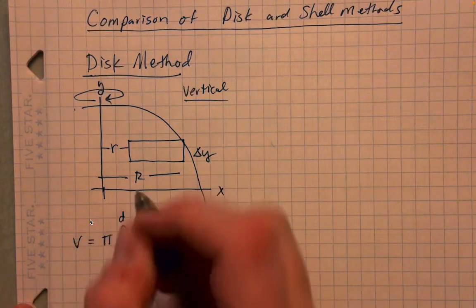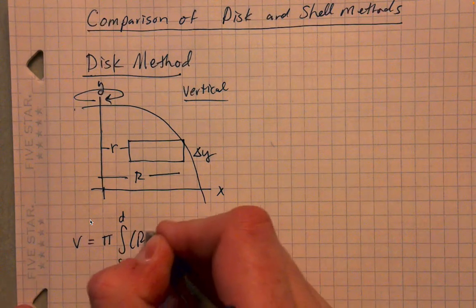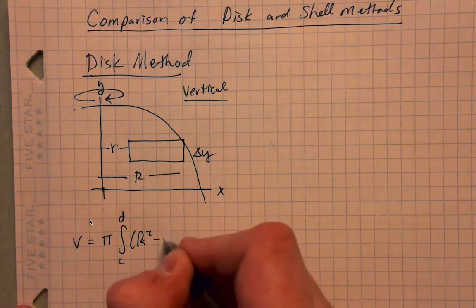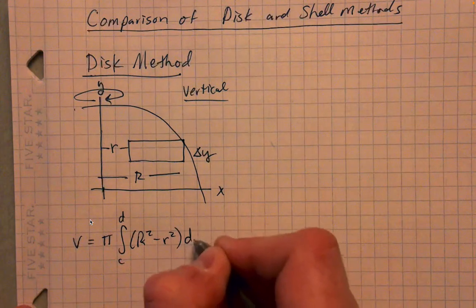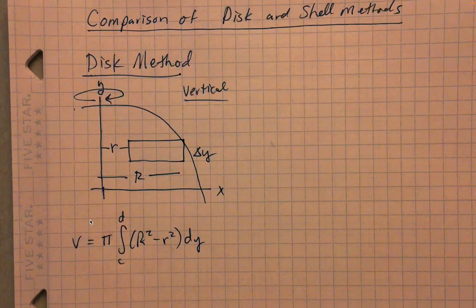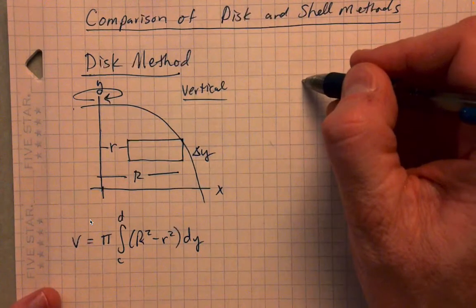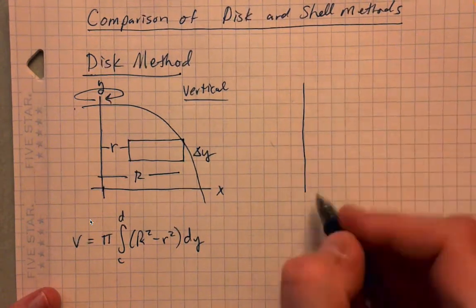In the case of integrating across the y-axis, it's common to use c and d as your bounds, and so it was big R squared, outer radius, minus inner radius squared, with respect to y. So that was the setup with the disk method in the vertical orientation. What happens if we switch it to horizontal?